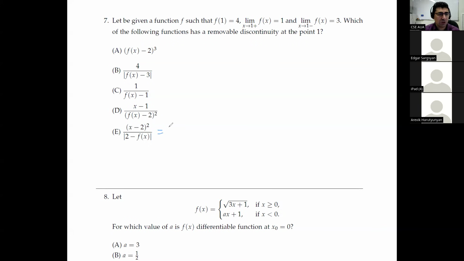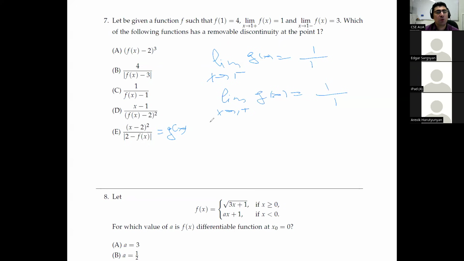Once again, now this is our g(x). When we are considering the limit at 1 from the left side, the numerator is 1 minus 2 squared, as 1 divided by f from the left side tends to 3, 2 minus 3, is 1. Same way, the limit from the right side of the same function g is 1 over 2 minus 1, again 1.